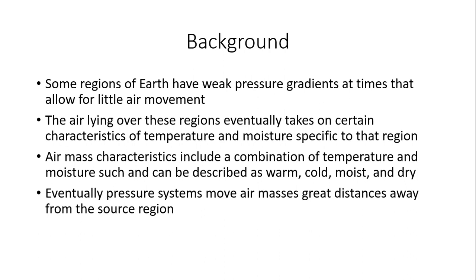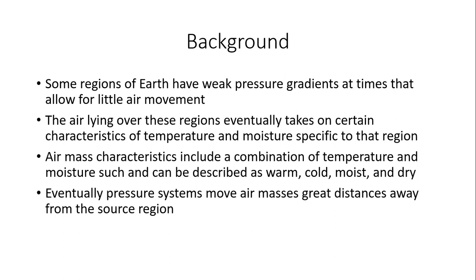As far as a background goes for air masses, just keep this in mind: some regions of the Earth have what's known as weak pressure gradients, where the wind is very light. That weak pressure gradient occurs at various times and allows for little air movement. So when we have a weak pressure gradient, we have very little wind blowing across the Earth.